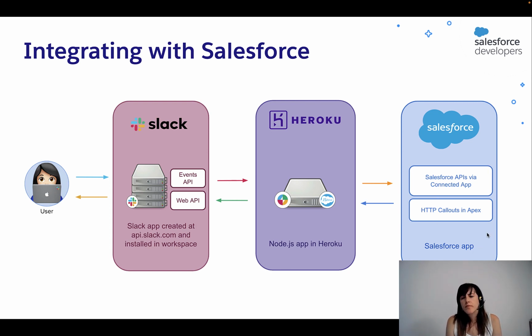Also, in the last integration I showed, the one in which we are changing a travel approval request status in Salesforce, and then Salesforce publishes a message to Slack, we're doing that by using an HTTP callout from Apex. Okay, we are executing that HTTP callout, and we are reading that HTTP callout in Heroku, and then we are interacting with Slack using Bolt.